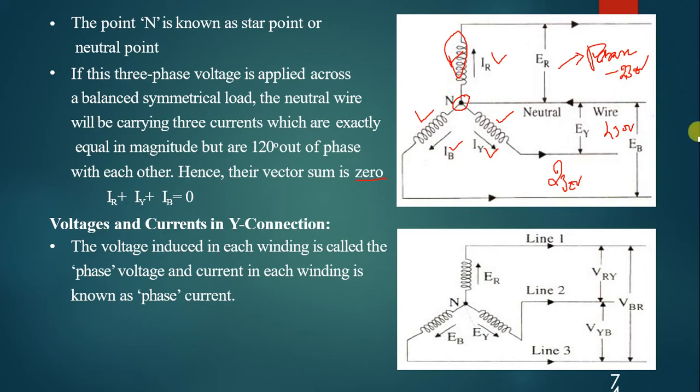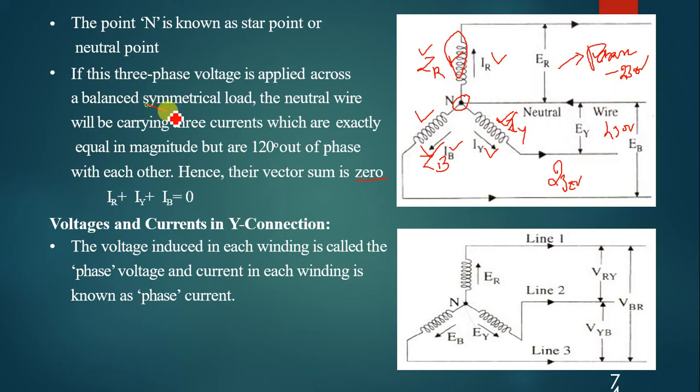In this case, if the 3 phase circuit is considered to be a balanced load, this is one type of impedance ZR. I'm just taking ZY. This is one load, this is ZB. If ZR is equivalent to ZY is equivalent to ZB, then this whole circuit is said to be a balanced, symmetrical load.